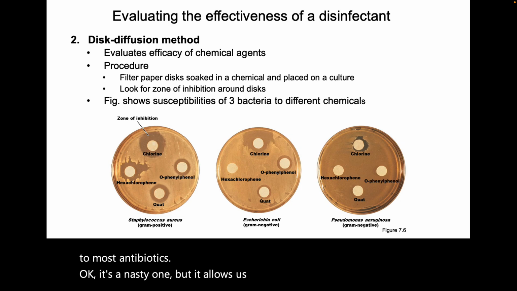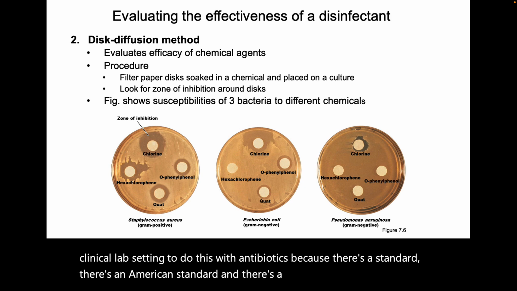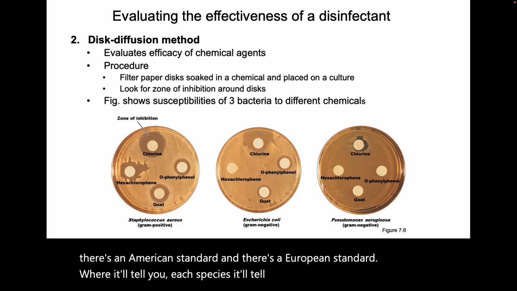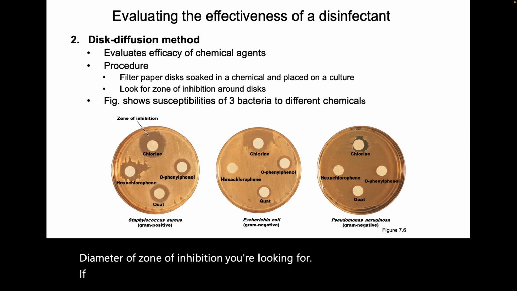This is really common in a clinical lab setting to do this with antibiotics. Okay, because there's a standard, there's an American standard and there's a European standard. It'll tell you each species, it'll tell you each antibiotic and what diameter of zone of inhibition you're looking for. If the diameter is bigger than the cutoff, the bacteria is sensitive, you're good to proceed with that antibiotic.